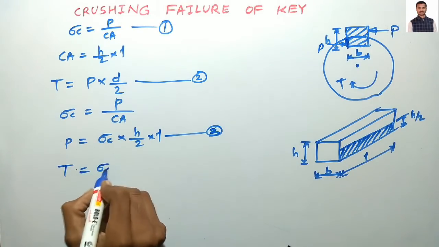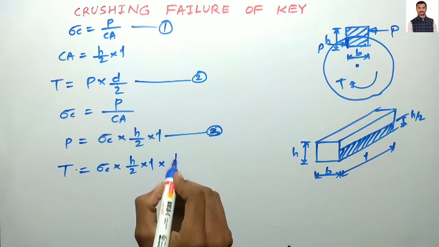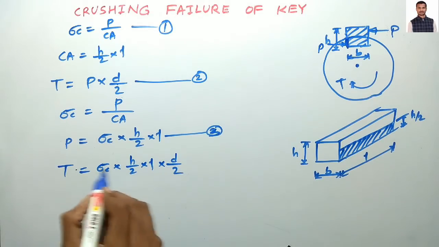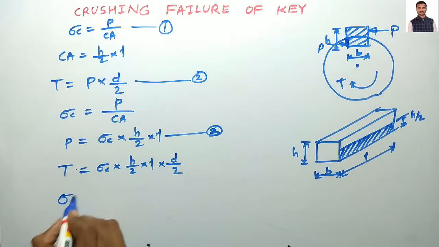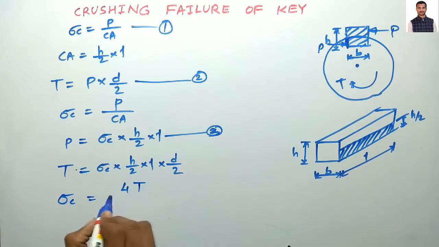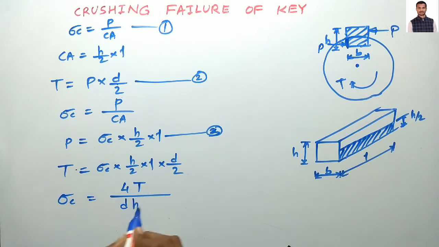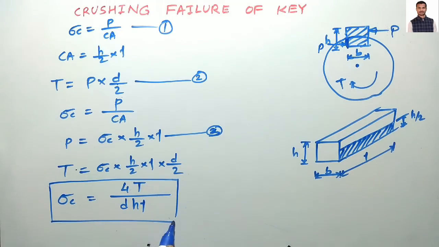So torque is equal to P, which is sigma C into H by 2 into L into this D by 2. So 2 into 2, 4, and 4 will go on this side. So sigma C is equal to 4T divided by dHL. So this is the formula for crushing failure of key.